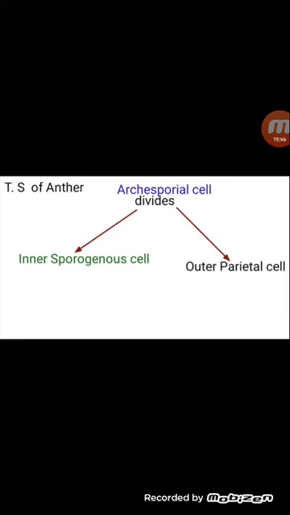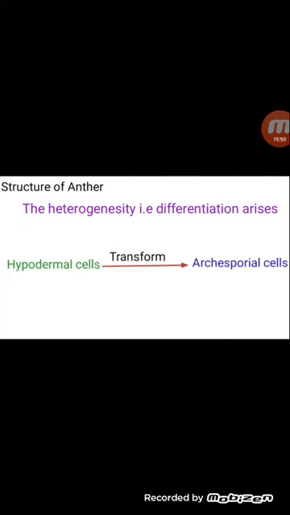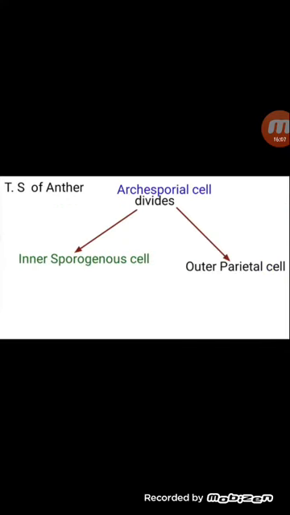Now quickly revise along with me. What are archisporial cells? The hypodermal cells get transformed into archisporial cells. Archisporial cells divide into sporogenous cells and outer parietal cell.